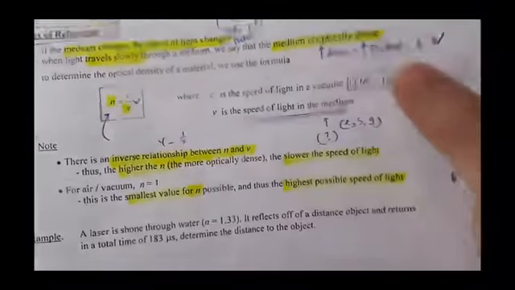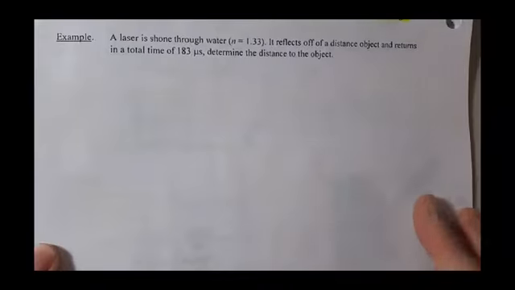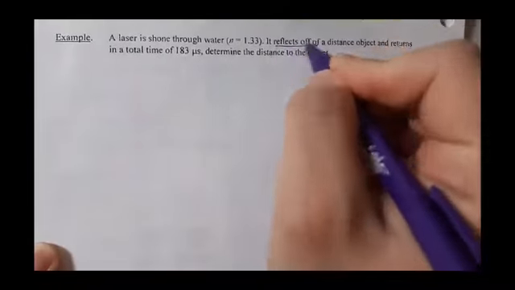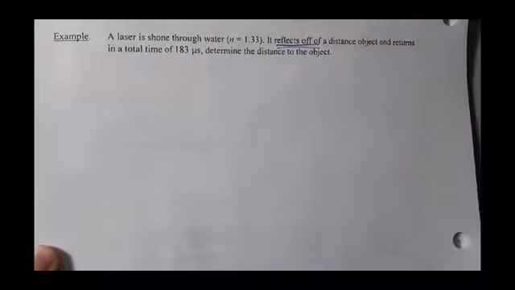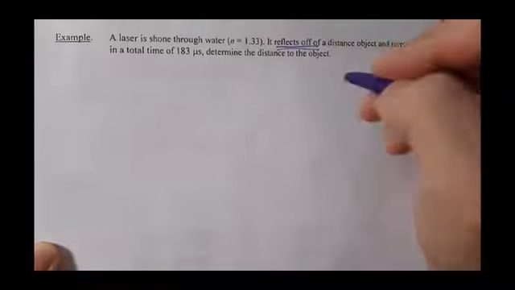So let's do an example. A laser is shone through water, and n is equal to 1.33. It reflects off a distant object and returns in a total time of 183 microseconds. Determine the distance of the object. So we're talking about this situation. Let's draw it first.